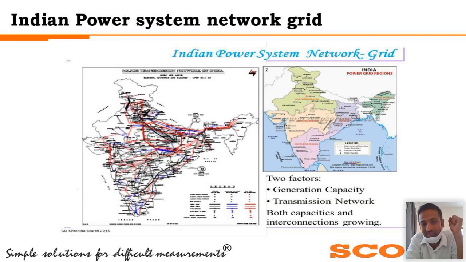Understanding the system, and acting on it immediately, is very important to avoid such things. That is why the wide area network and PMUs, phasor measurement units, are nowadays gaining importance in the power system network.